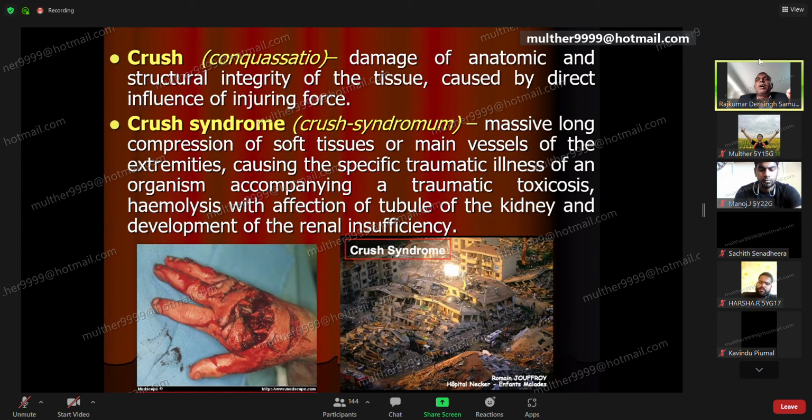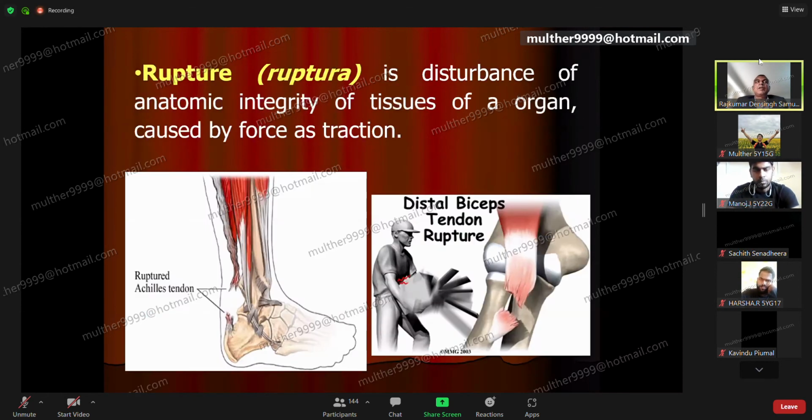But if you take a crushed muscle and see it in a microscope, you will not be able to tell whether it is muscle or what, because you might not find where the blood is and where the muscle is. It will be smashed. So we should differentiate bruise, crush and crush syndrome.